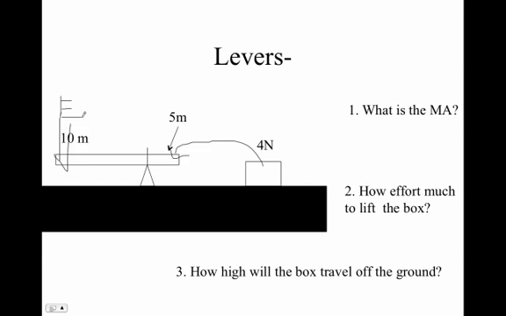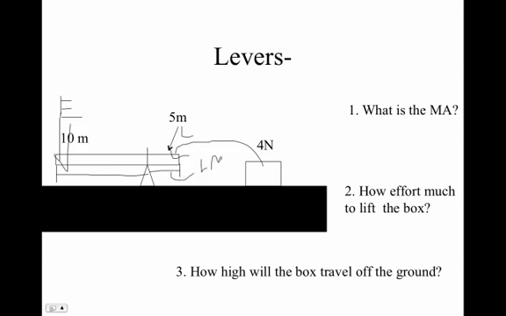Our load is going over here. So what does that mean? Well, here's our load arm to there. Here's our force arm. What do we notice about the distances? Well, the load arm is really small, the LA, the load arm's small compared to the force arm.